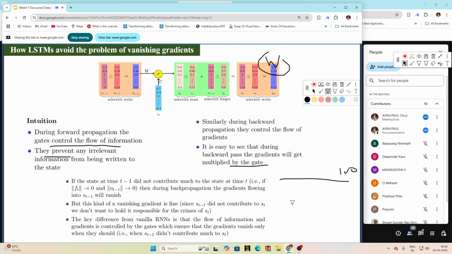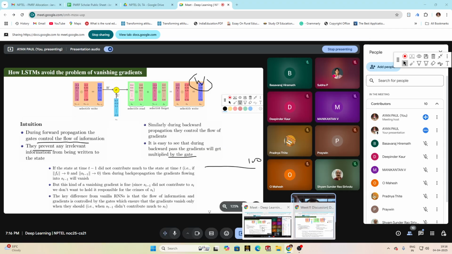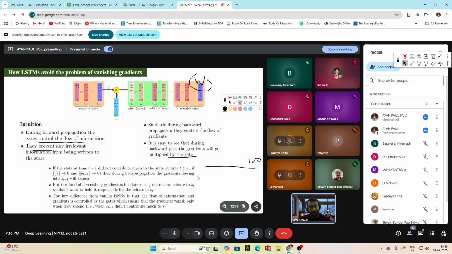We apply a gate at each stage, so our information shrinks. Even if we have a very small gradient value like 0.25, earlier we multiplied it 100 times, but now we multiply it only 10 or 20 times, so we will not have the vanishing gradient problem. So this is the theory of this week. Is the intuition clear to all of you?